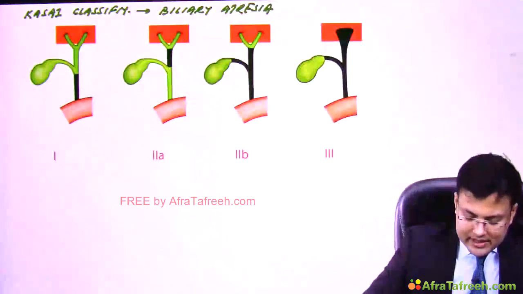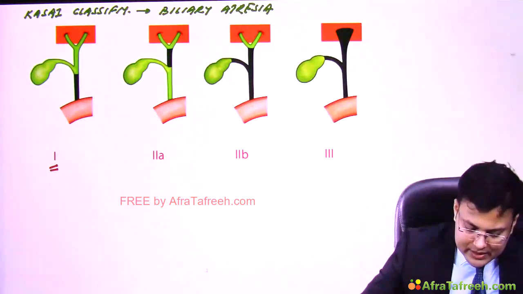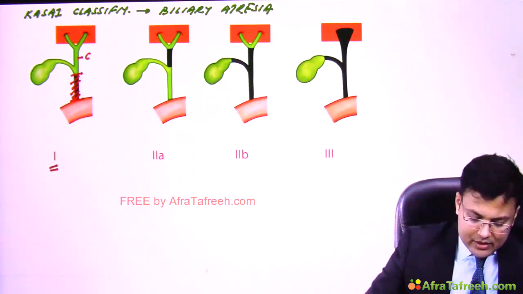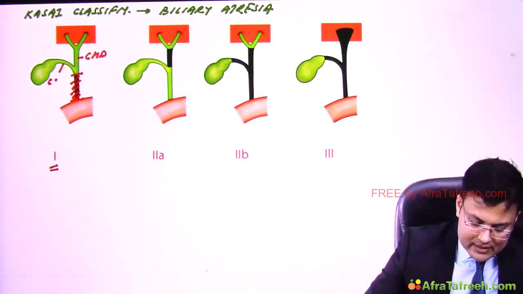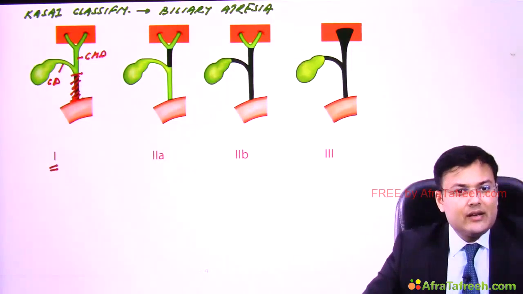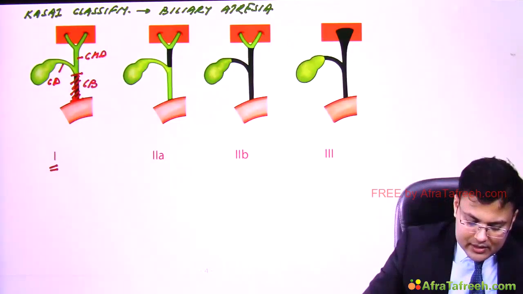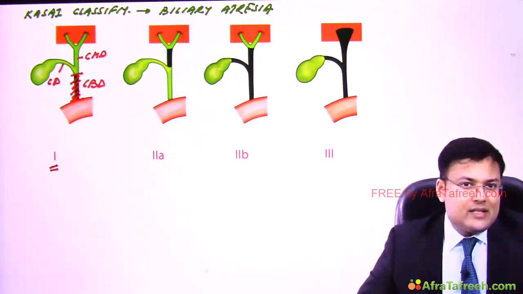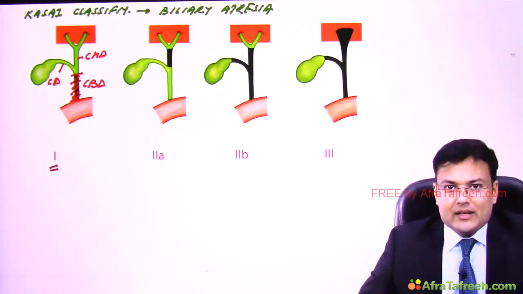So here you can see that in type 1, CBD is obliterated, and you can see the common hepatic duct and the cystic duct are patent. So type 1: CBD is obliterated with patent cystic duct and common hepatic duct.